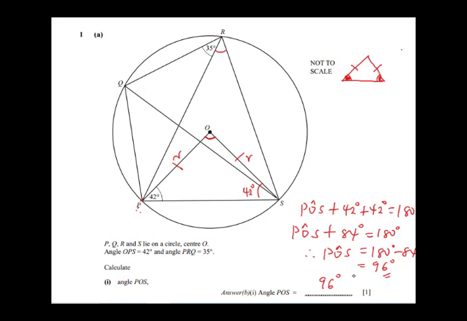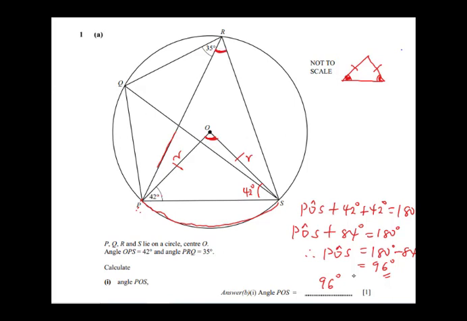You can see this arc PS subtends angle POS at the center here, and that angle is twice the angle the same arc subtends at the circumference.